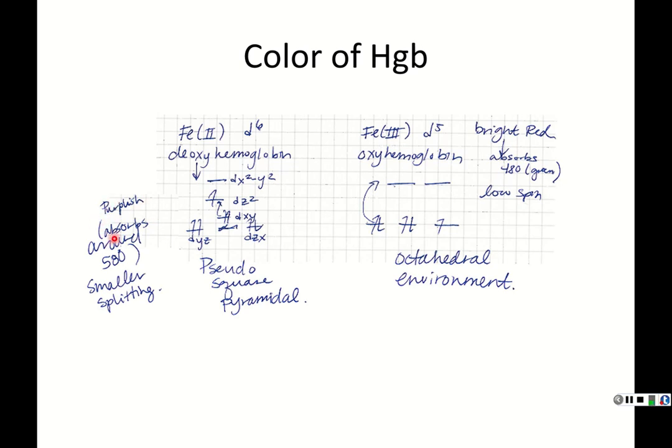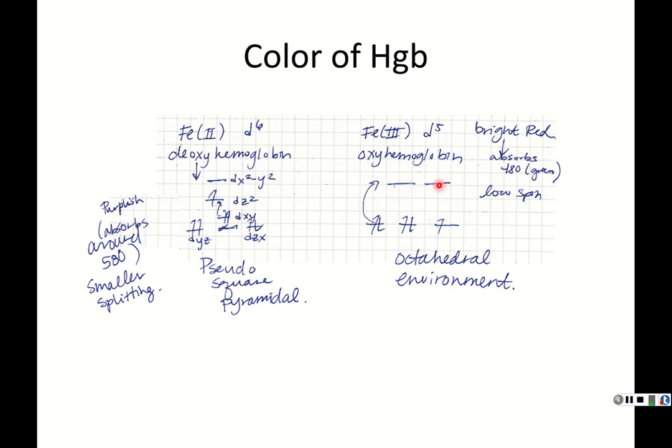When oxygen is bound to hemoglobin, we're now in iron 3, which is a d5. The coordination is also octahedral. This is a low spin complex, and we put all 5 electrons down here. One electron can bounce up to the next energy level.